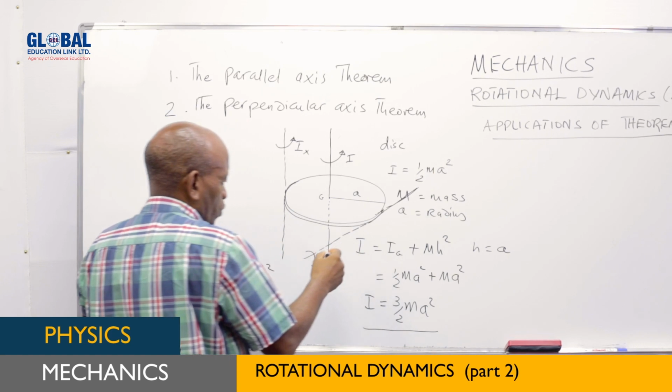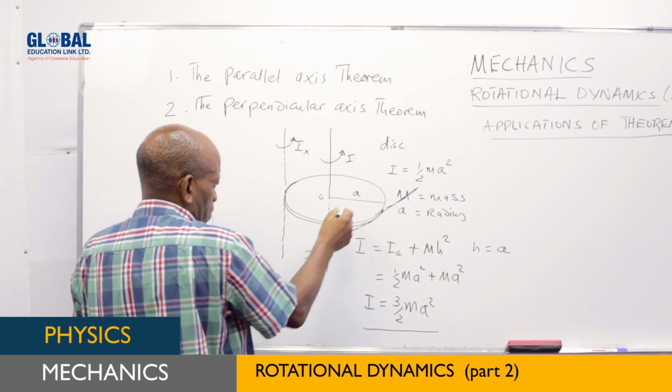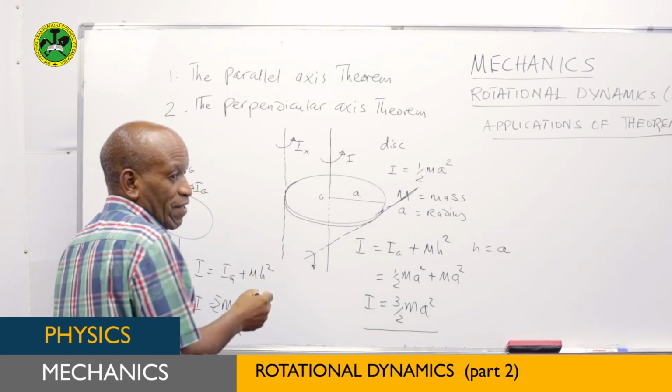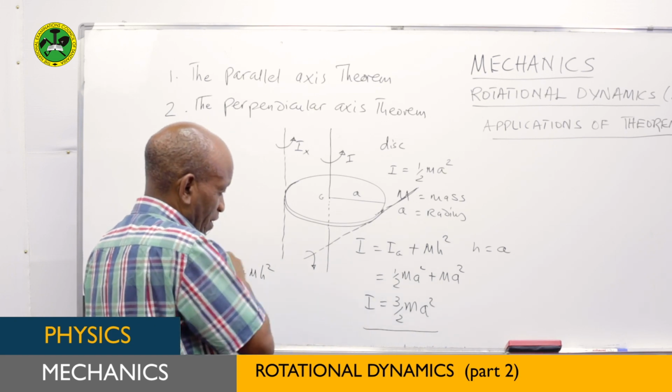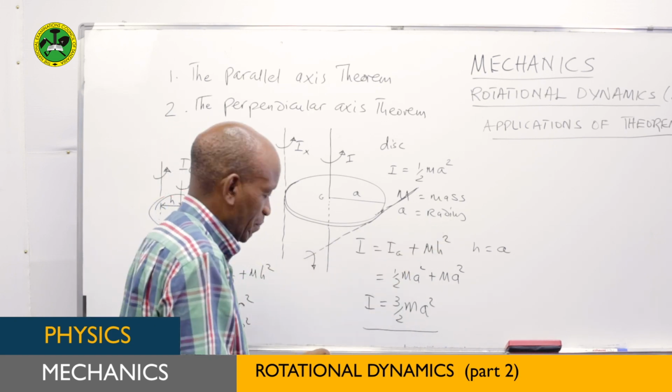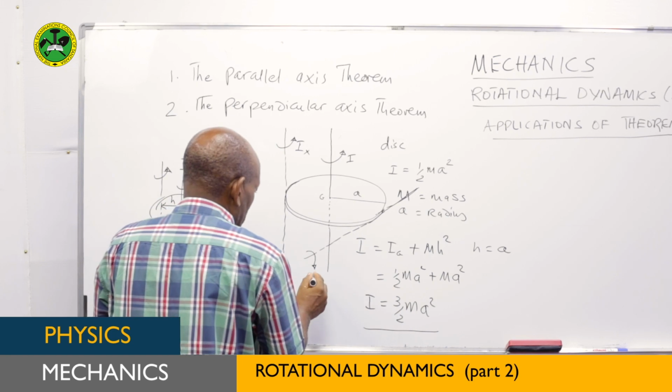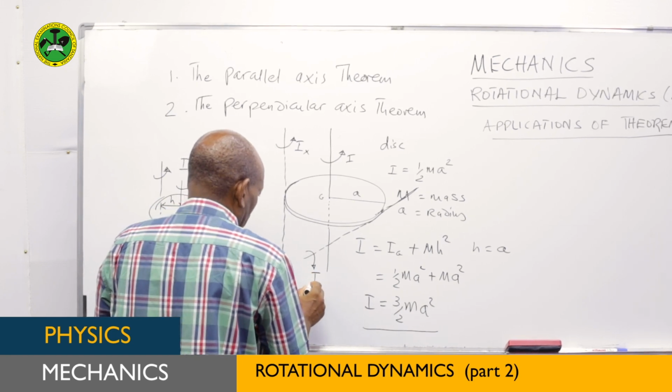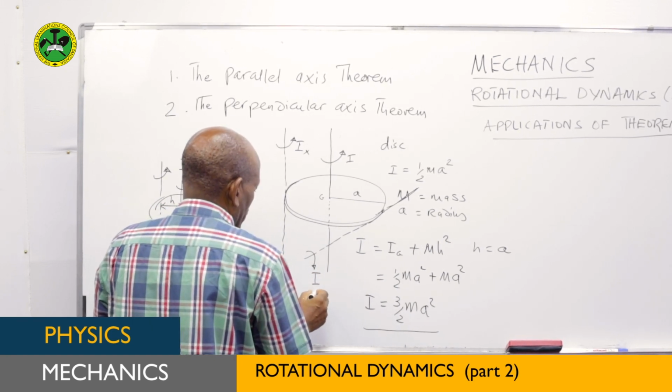That is an axis which, if I could be having another axis passing over a plane, this will be the axis which is just passing over the same plane. So to determine the moment of inertia of this one here, let me call this IO.